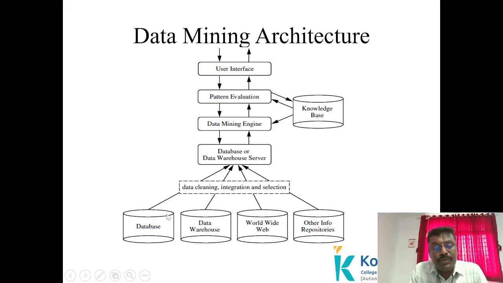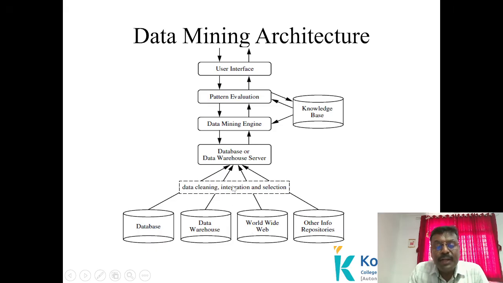What is the purpose here? In this intermediate portion, you have data cleaning, integration, and selection. I already explained that data cleaning removes unwanted or junk data from the database. Integration is used to integrate the different servers: the database server, data warehouse server, World Wide Web server, and other information sources.